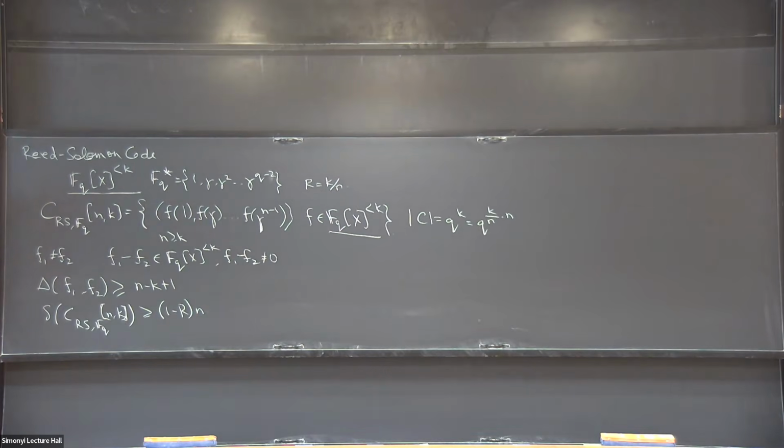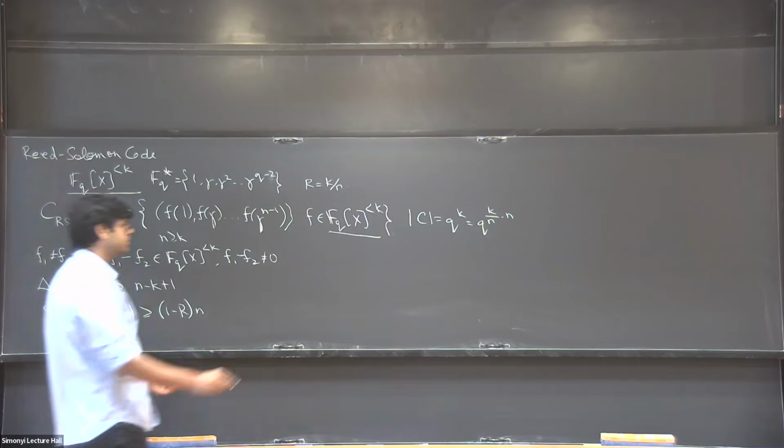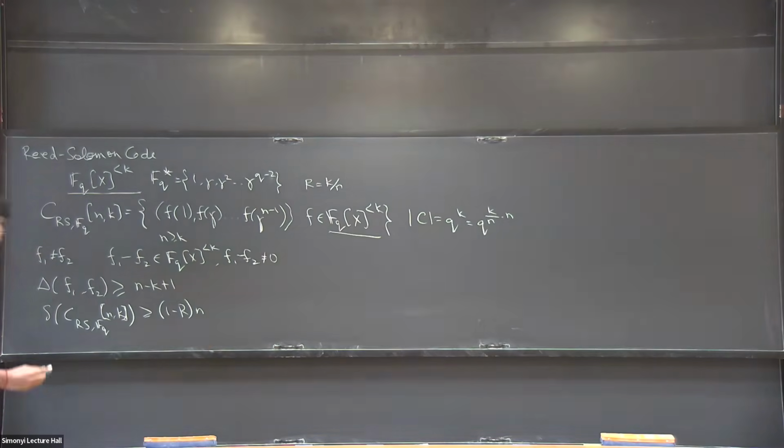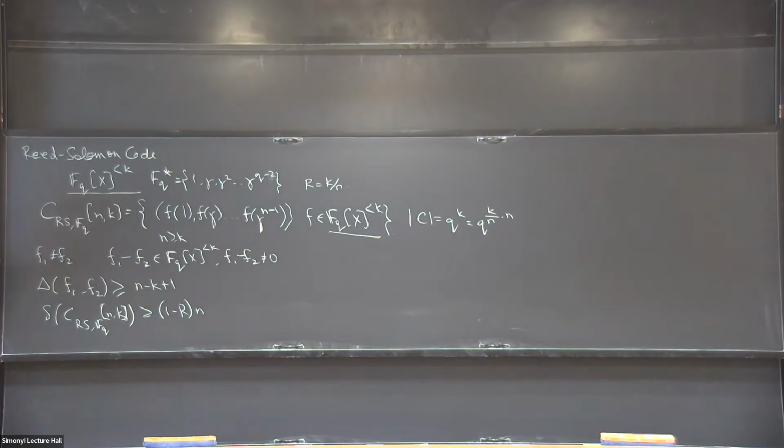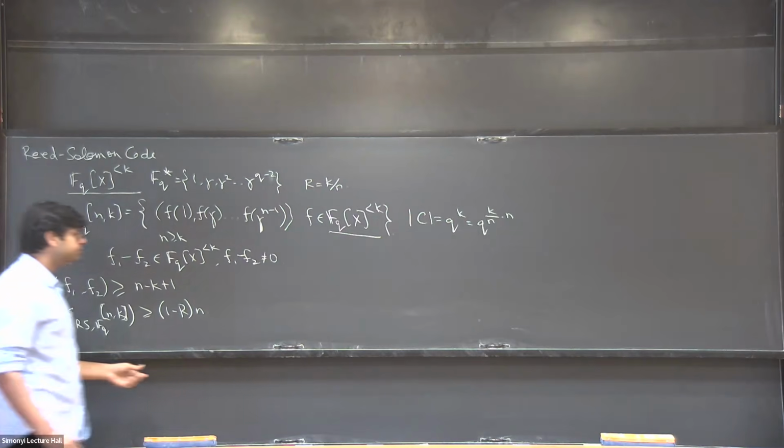Because the rate was k over n, the distance is 1 minus R. And q has to be bigger than n because I need n distinct points in the field to evaluate on. Distinctness is very important here. And if the finite field was smaller, then I won't be able to find n distinct points.